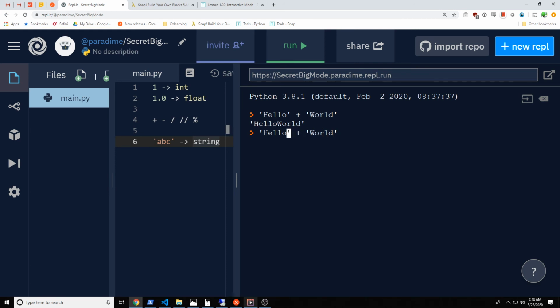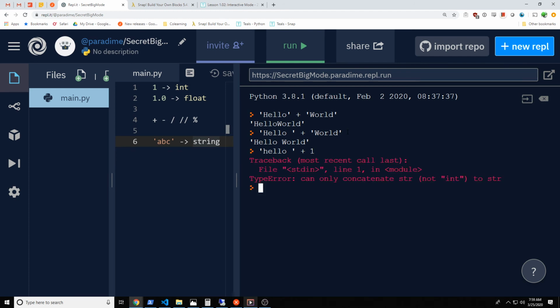This doesn't give me a space between them, so if I needed a space, I would have to do hello space and then world. What about if I try to do hello space and then add a number here, hello 1? We get a problem because this is a string, this is an integer. Python doesn't know what to do with those two. So that's how strings interact.